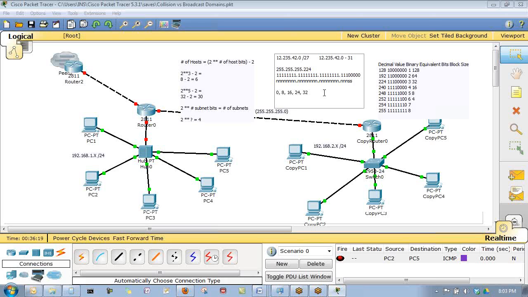So let me set this up: subnet, then network address, first host, last host, broadcast address.